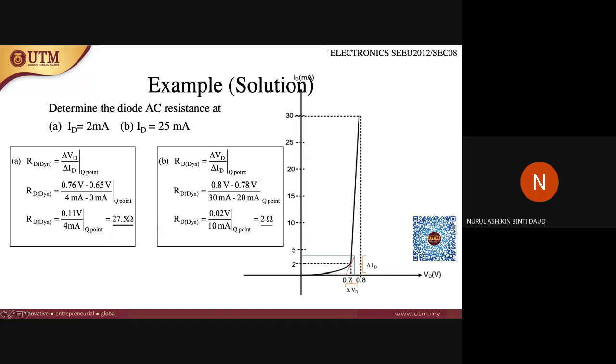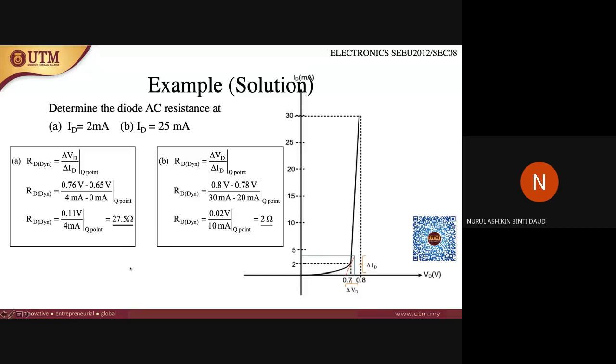In this case, I take one point bigger, at 0.76 volt, and subtract the voltage at 0 milliampere, which is around 0.65 volts, and divide by the current at 0.76 volt minus the 0 milliampere value. Dividing these two, you get the resistance at point Q as 27.5 ohm.